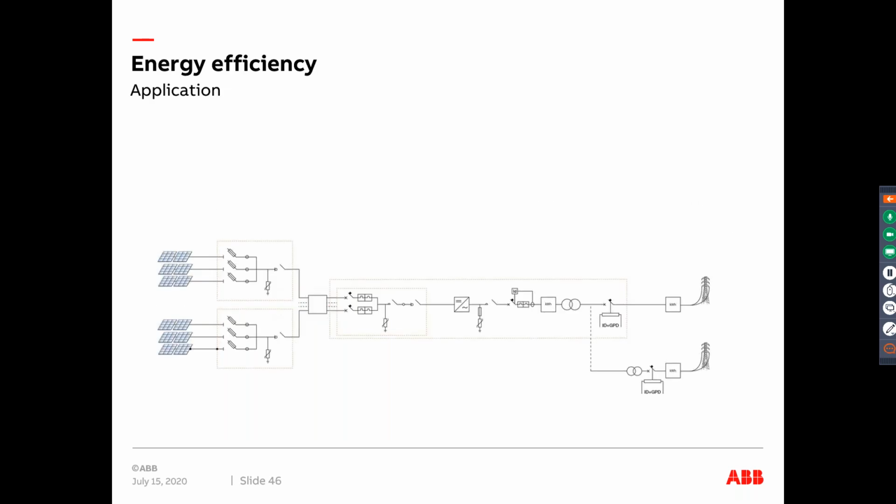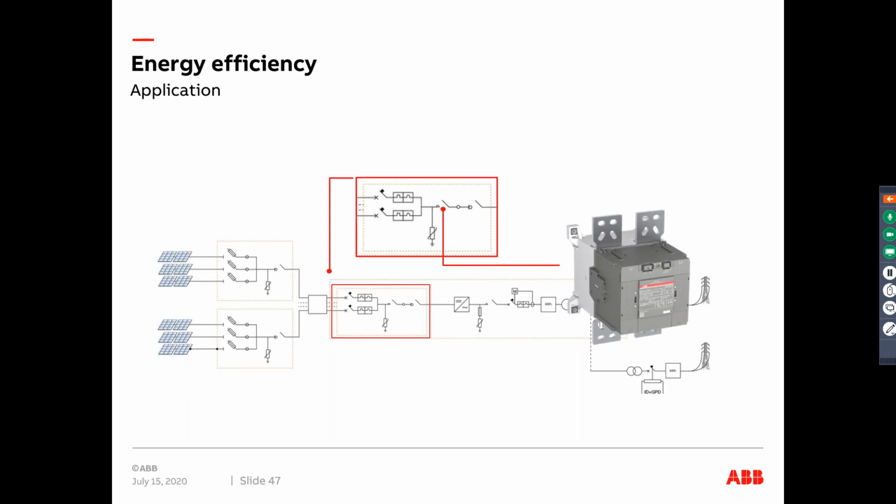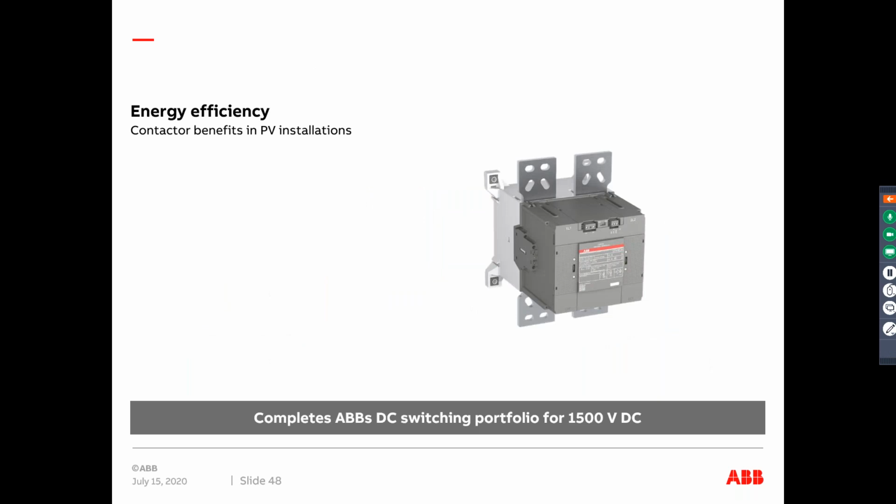This is the application. In central inverters, it is required that the PV string is disconnected for grid stabilization. You need to make sure that the PV cells are disconnected, and you need these contactors to switch and disconnect the panels from the inverter.